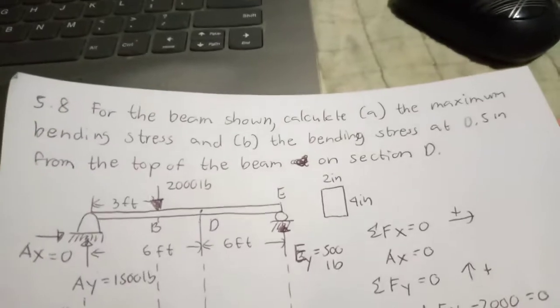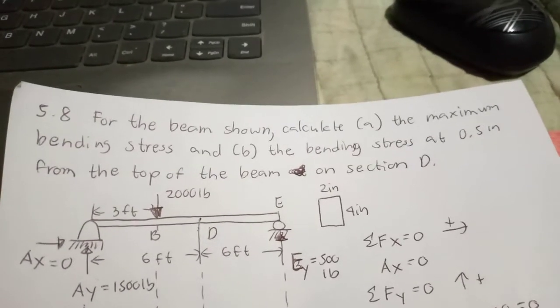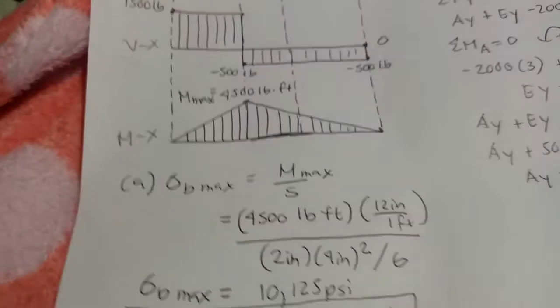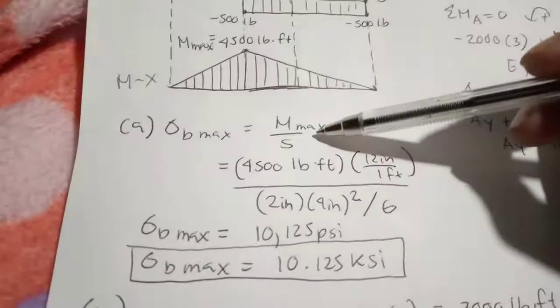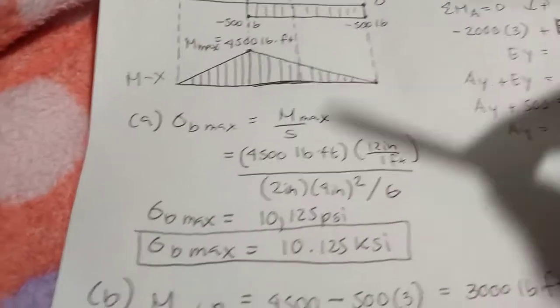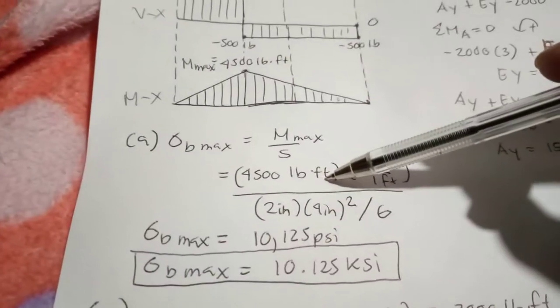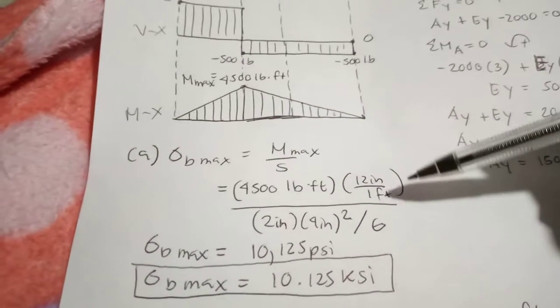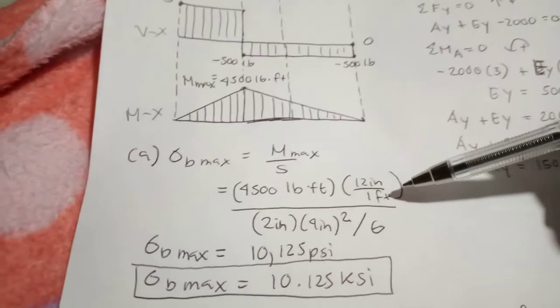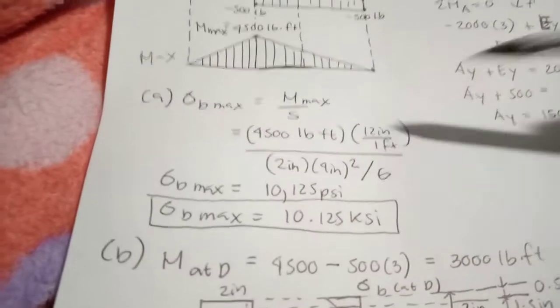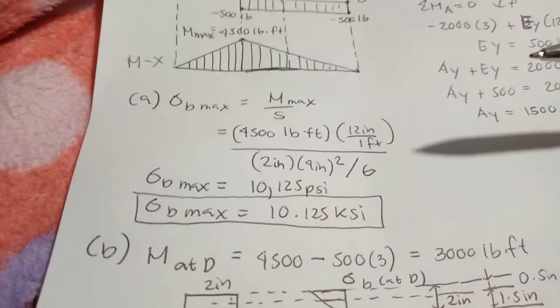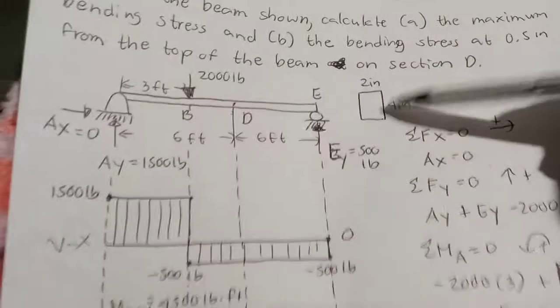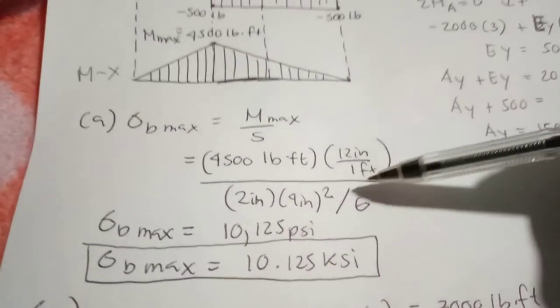We find the maximum bending stress. So we can compute the maximum bending stress: M max over S. First, we multiply 4,500 pound-foot by 12 inch over 1 foot, in order to convert it into pound-inch, and then divide by the S. We all know that the S of a rectangle is BH squared over 6.